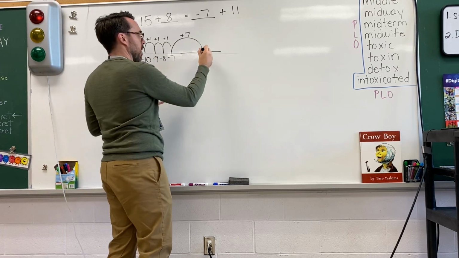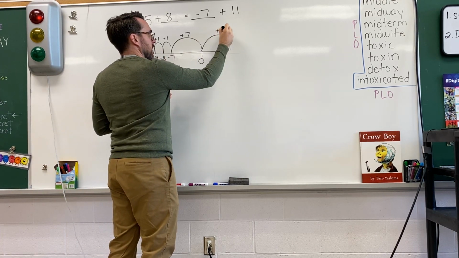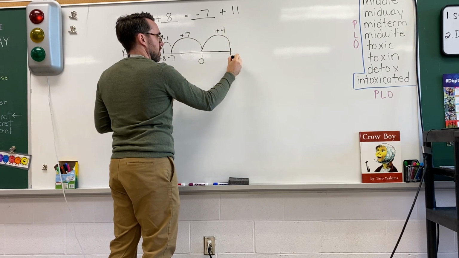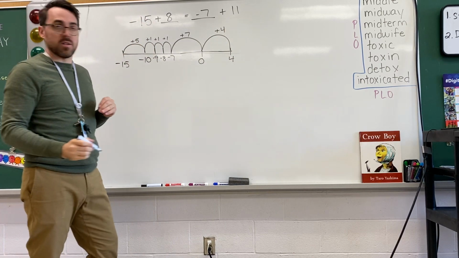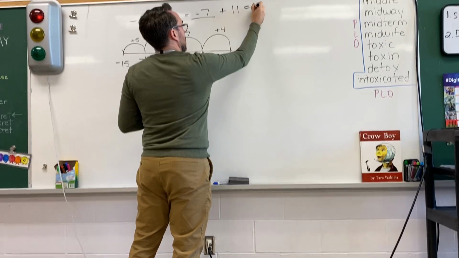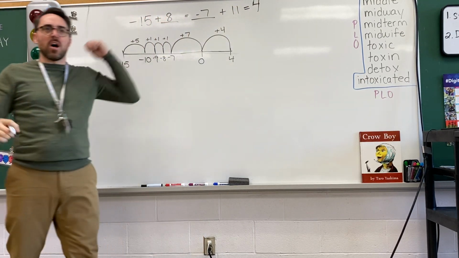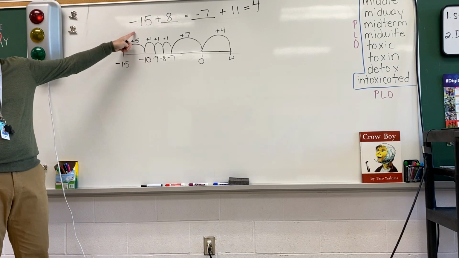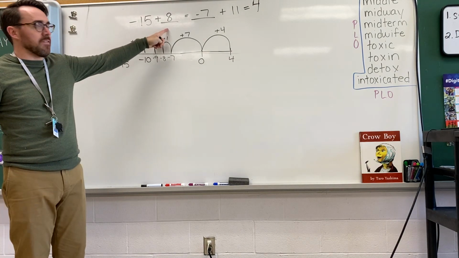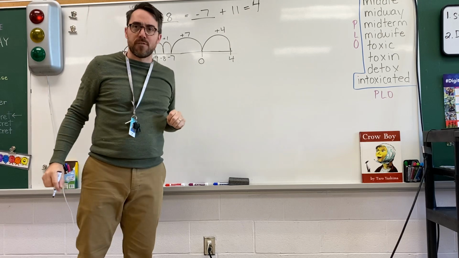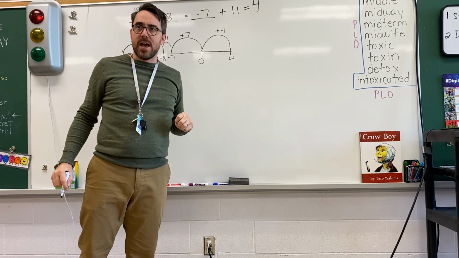Well, 0 plus 4, pretty easy. So I end up at 4. Okay? So in the end, I have $4 left after I've paid off my debt, got my birthday money from grandma, and from my parents, I have $4 left. Okay?